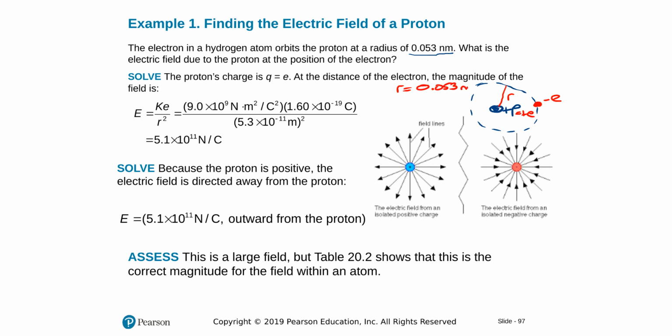0.053 nanometer. Nano is always 10 to minus 9, so I'm going to convert this to meters. My SI unit, remember, meters. So 0.053 times 10 to minus 9 meters. So electron is orbiting the proton here. What is the electric field due to the proton at the position of electron?